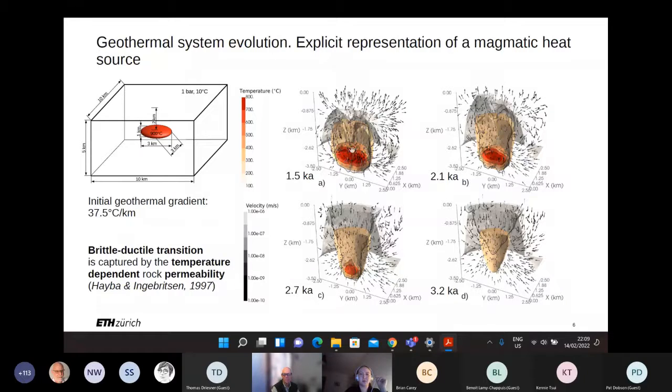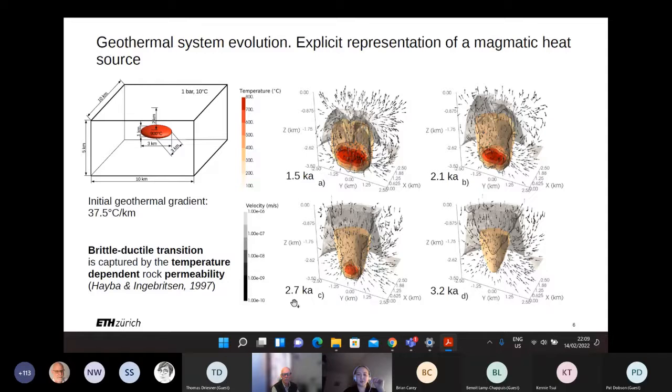So the magma chamber starts to cool and heat up the rock above it and initiates the geothermal convection, where you have a single pipe-like upflow structure above the magma chamber and the downflow of cold groundwater in the middle. After 2.1 thousand years, the boiling reaches the surface, and this pipeline structure merges into a single upflow zone.